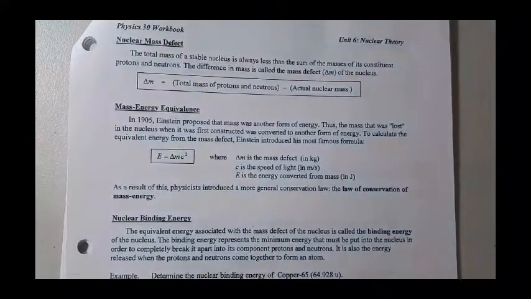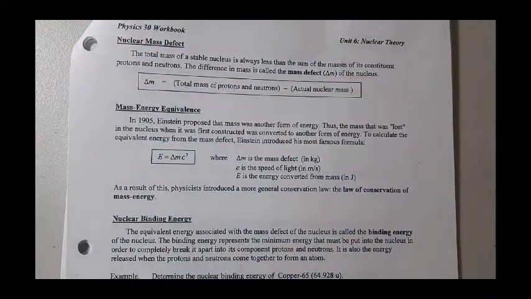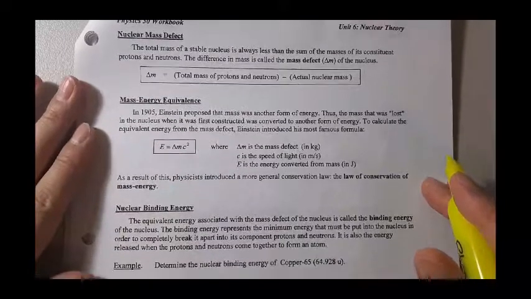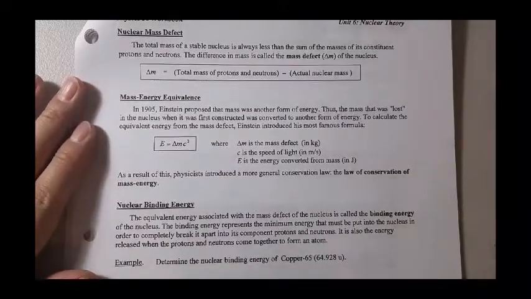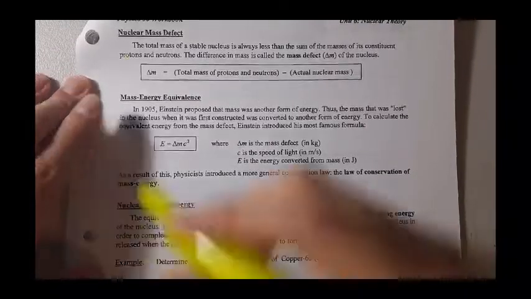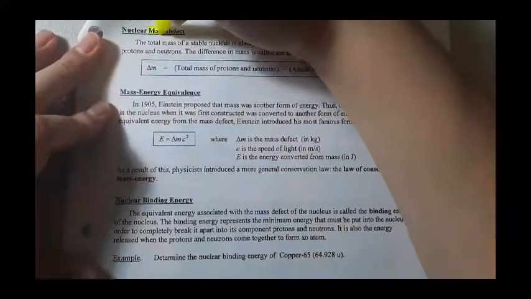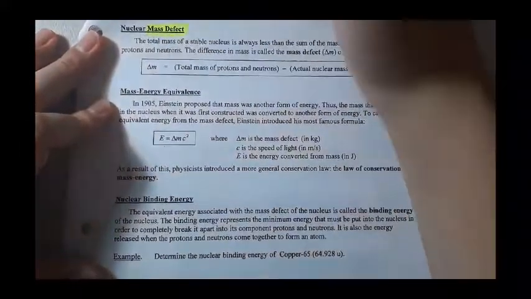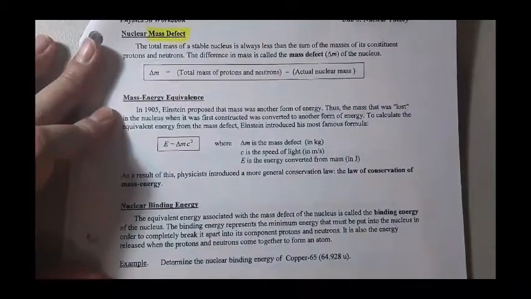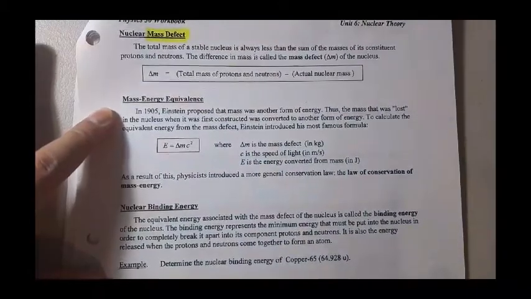Einstein played a huge role in nuclear physics. In fact, any physics, to be honest, modern physics. We are not talking general relativity, but everybody has probably heard that E is mc squared. So I'm going to talk about that. Now, before we get into in-depth nuclear physics, one thing that you need to understand is mass defect.